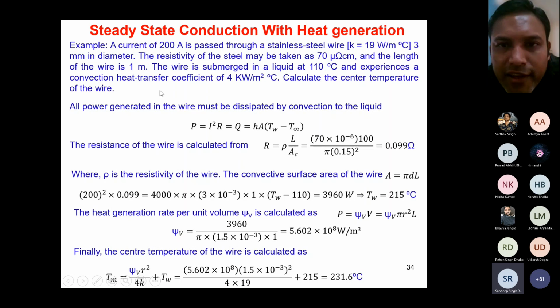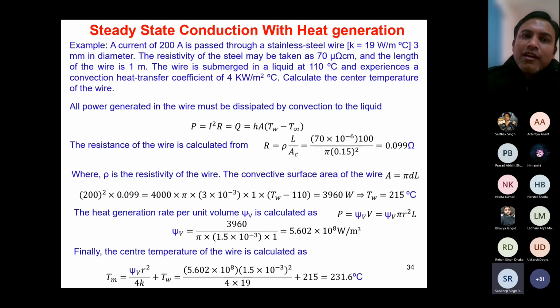Now what is given here is there is a wire through which 200 ampere current is passing, and because of that this wire will get heated, isn't it? Now this wire is submerged in a liquid of temperature, let's say 110. But this 110 degrees Celsius temperature is the liquid temperature.